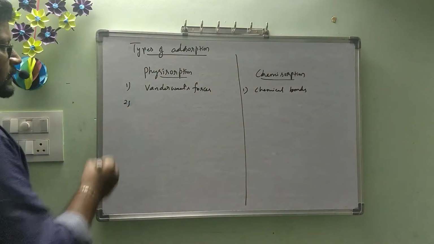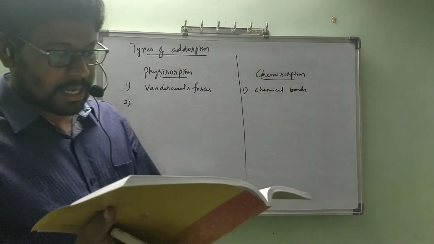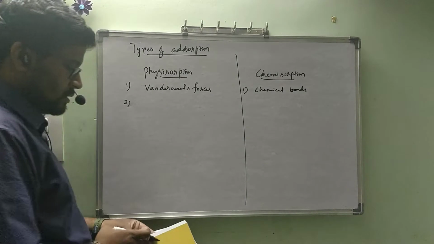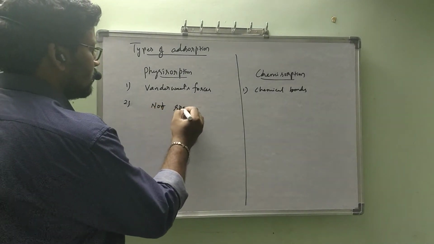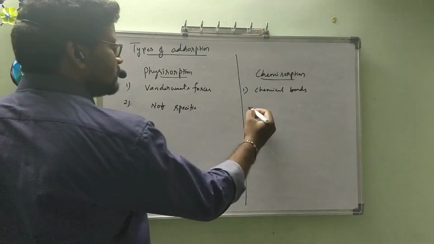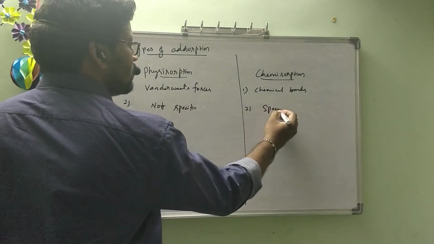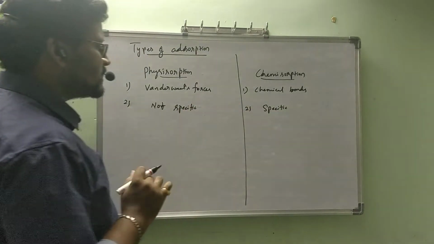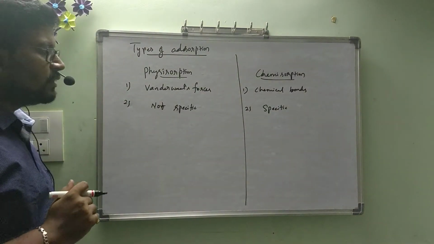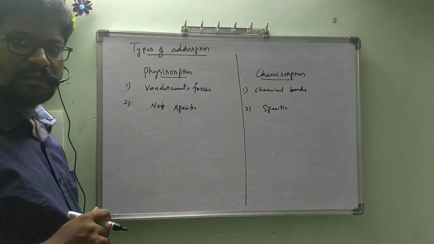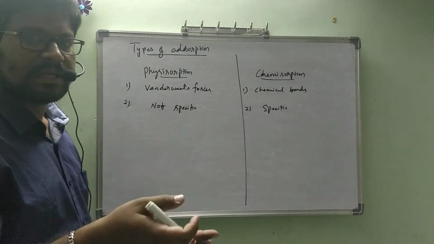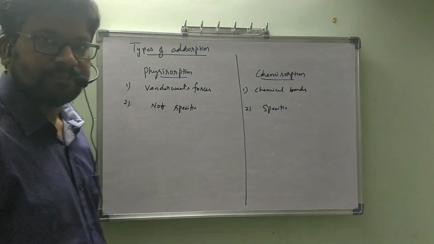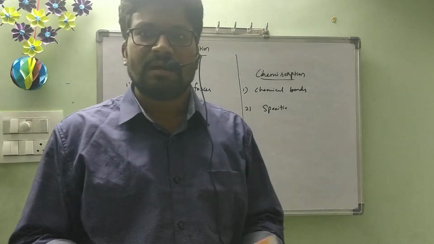Second one: physisorption is not specific in nature, while chemisorption is specific in nature. What is this not specific and specific? If you take hydrogen gas, suppose it is physical adsorption, any gas can be adsorbed onto any solid.